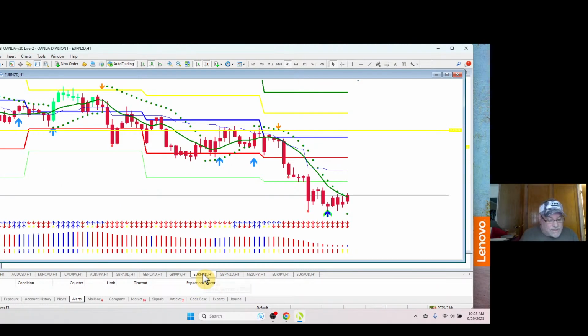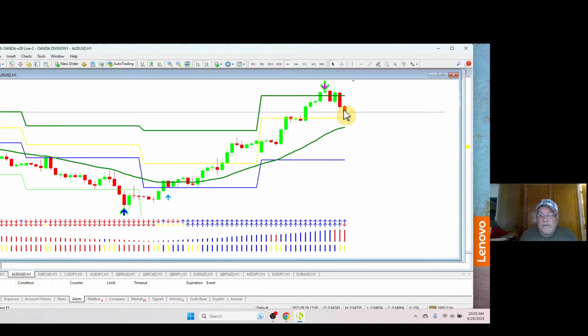And Euro New Zealand is moving up, but where am I at? 92 is my 40 pips. It's not there yet, but it's moving that direction.